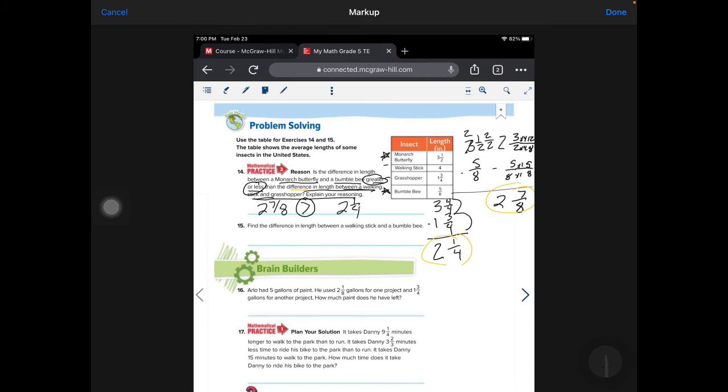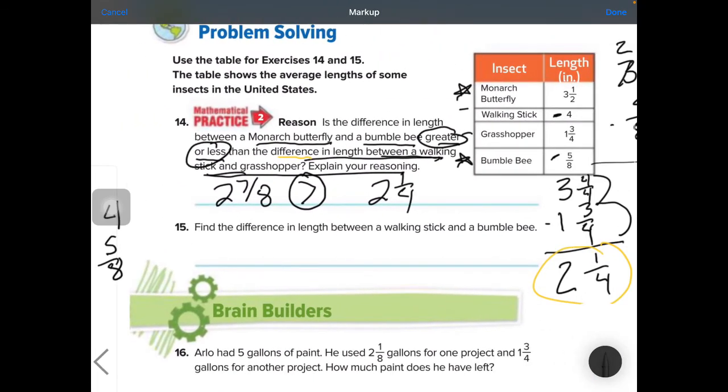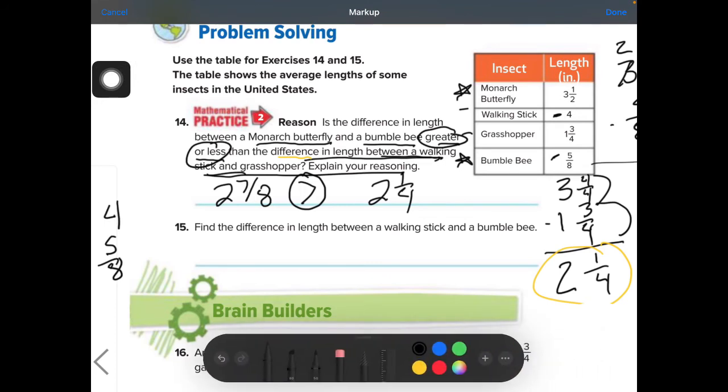Find the difference in length between the walking stick and the bumblebee. So we need to do walking stick and bumblebee for this one. Walking stick is 4, bumblebee is 5/8. Now that one's a little tricky to do, so I'm going to rename the walking stick, and I'm going to say it is going to be 3 8/8.